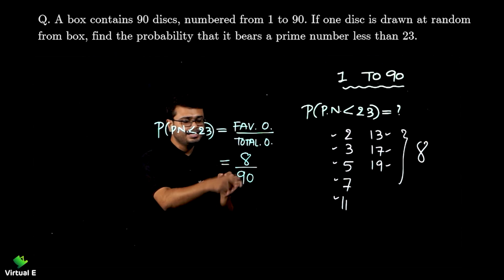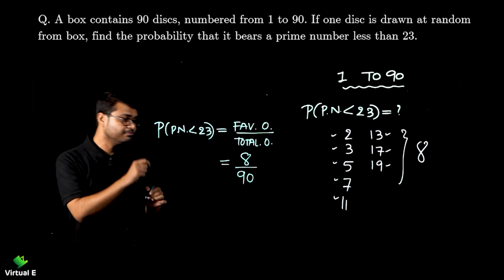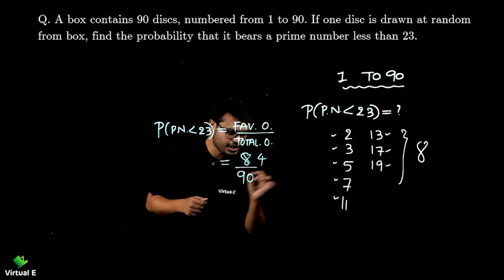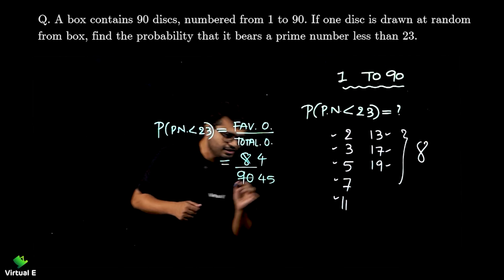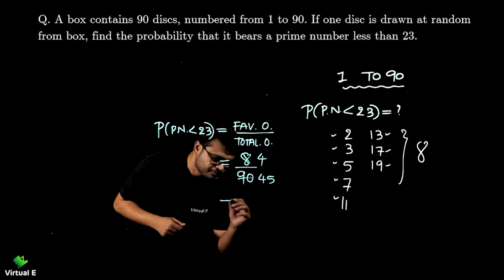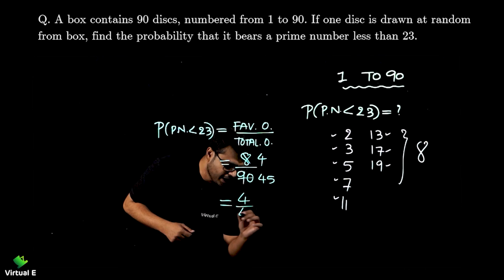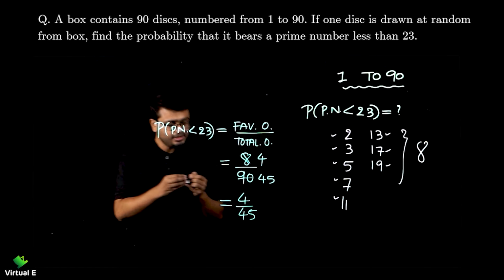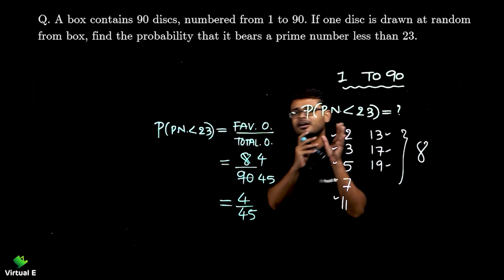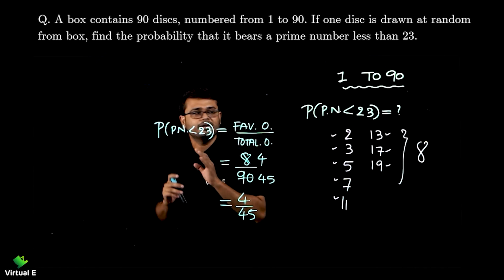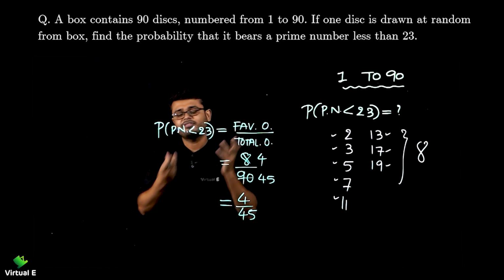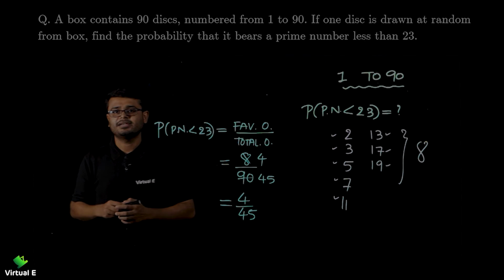Now again, see, 8 and 90 both are even numbers, so we can do cancellation here. So here 2 4s are and 2 45s are. I think, can we do cancellation? No. 4 and 45, no, it will not go. So that's the final answer, 4 by 45. So here the range was bigger, but there was a restriction for choosing the outcome, less than 23, right? So see your question properly, then according to that take your steps and find a favorable outcome and get the probability.